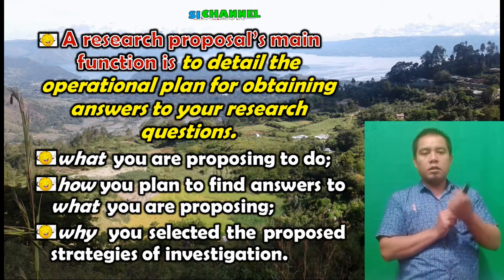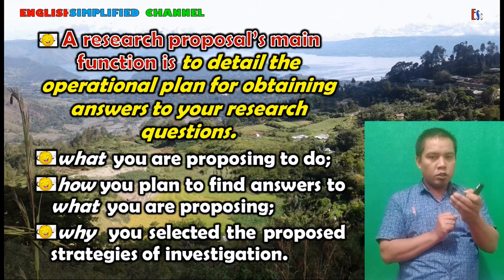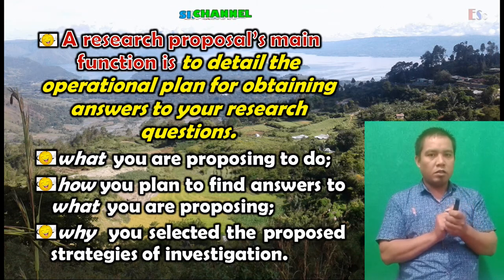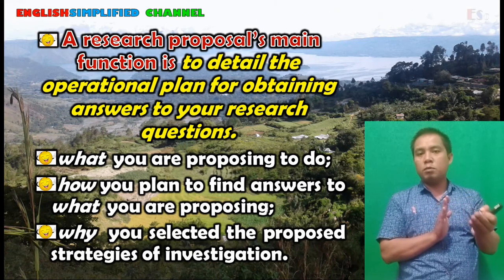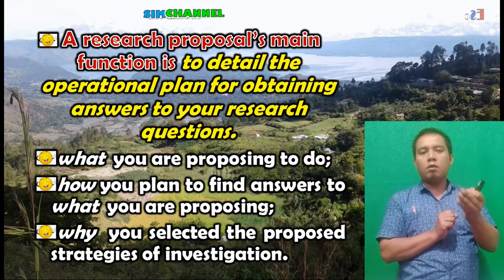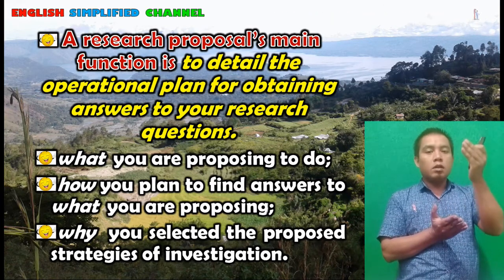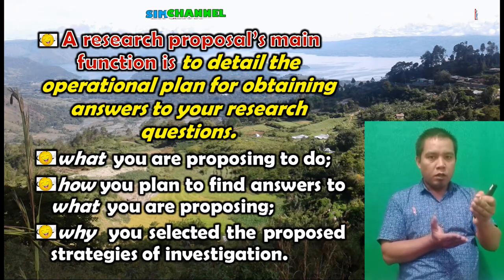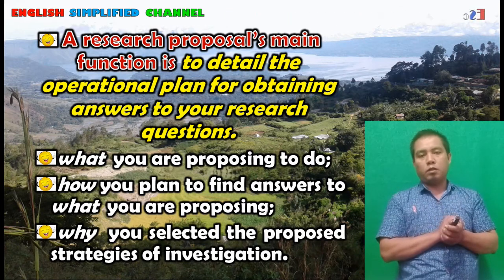And if, for example, your research proposal is designed by classroom action research or experimental research design, then why did you choose that design? So you have to be very clear about them in your research proposal.